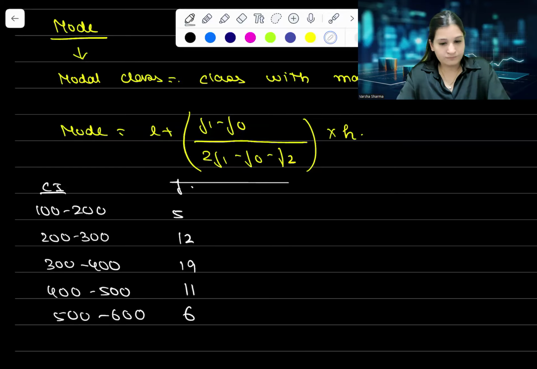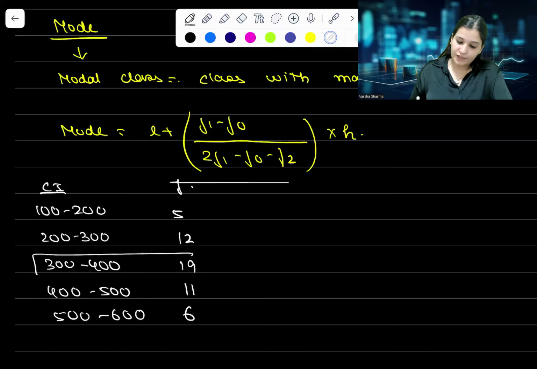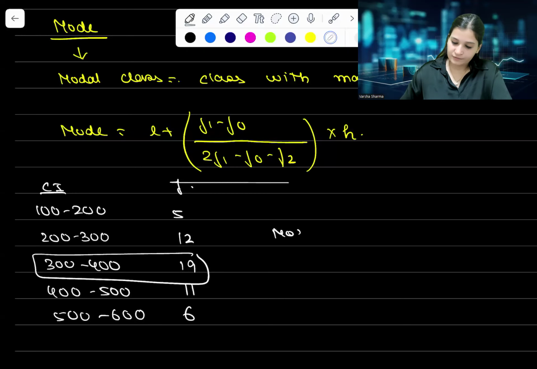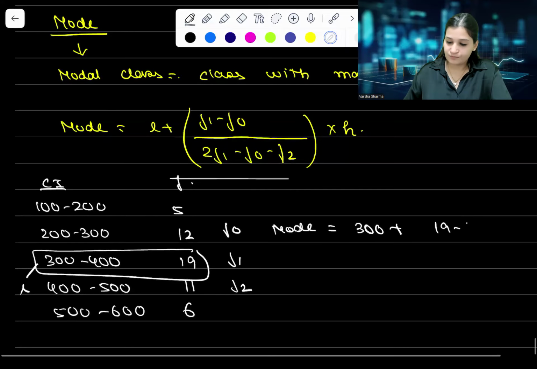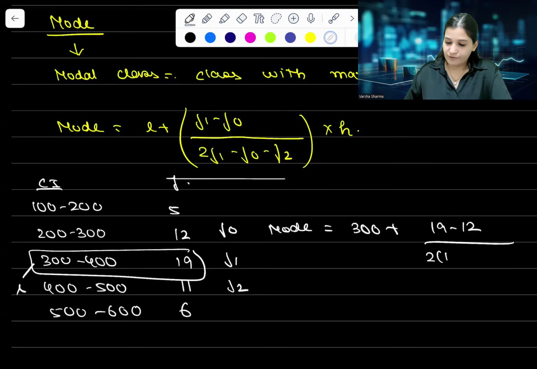346.67. So this is the modal class, the highest frequency. So L, F0, F1, F2. H will be 400 minus 300, 100. Mode is L plus F1 minus F0 by 2F1 minus F0 minus F2 into 100.